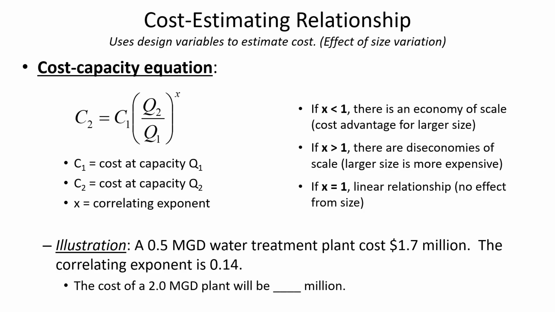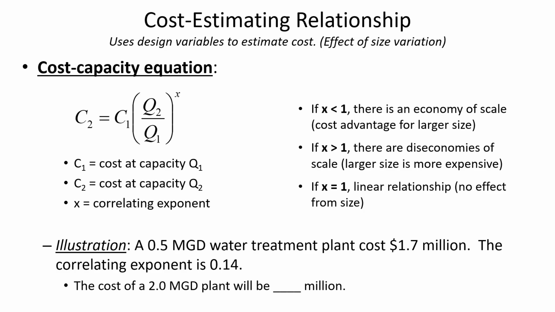So if we put that into the equation, then what that tells us is we want to have C2, the predicted cost for the larger item, as the cost that we know, $1.7 million, and then the ratio of the sizes, 2 divided by 0.5, and it's to the power of 0.14.